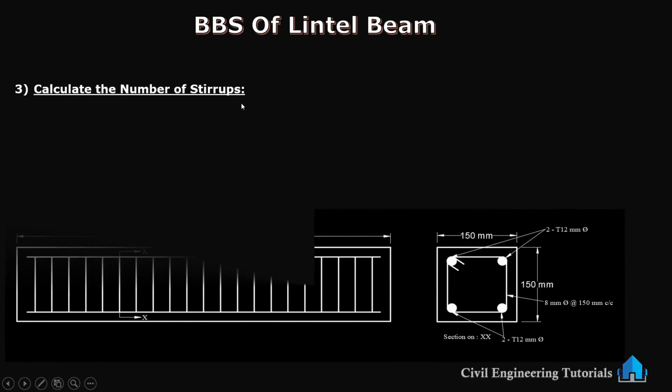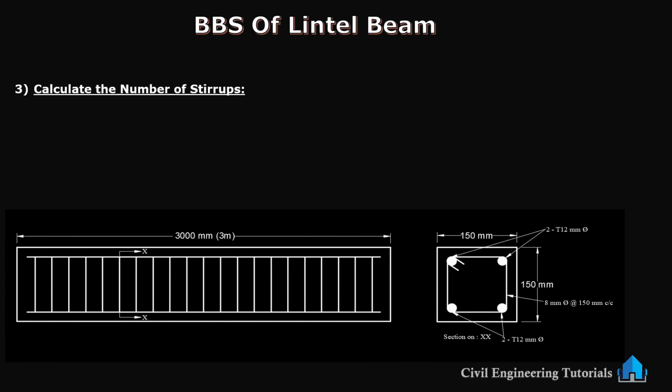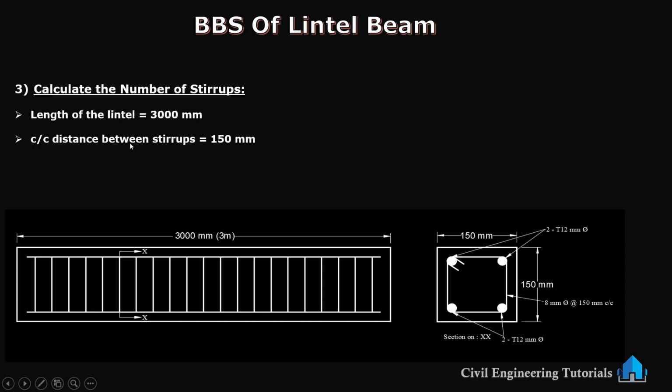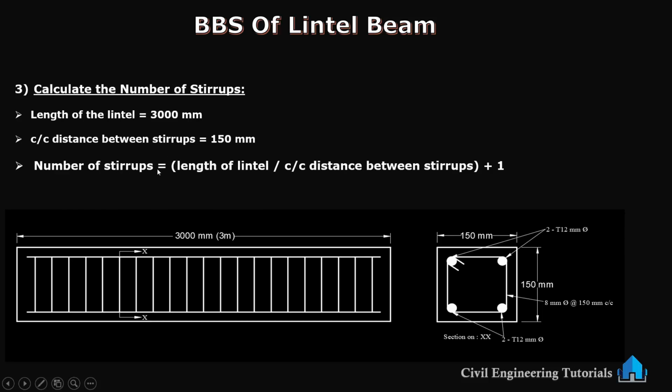Now next, number of stirrups. We have to calculate the number of stirrups here. Length of lintel is 3 meter or 3000 millimeter. You can see here, center to center distance between stirrups is 150 mm. Number of stirrups formula: length of lintel divided by center to center spacing, plus 1.